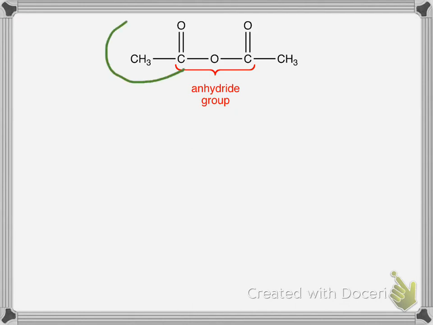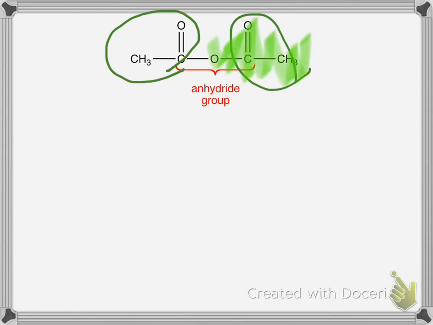Notice the two R groups are identical. Okay? So we only need to name one of them. Let's just ignore this side. If we only had that side and we named it as the carboxylic acid, it's 2 carbons, so that would be acetic acid.